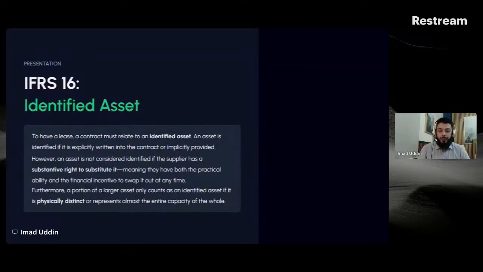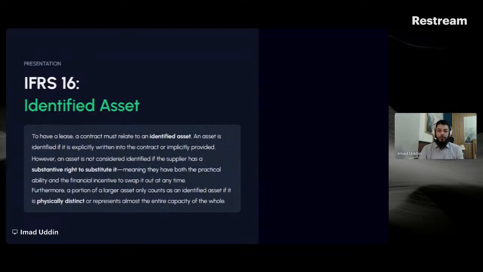Okay, just to give a preamble, to have a lease, a contract must relate to an identified asset. An asset is identified if it's explicitly written into the contract or implicitly provided, which means the identification of the asset could be down to a particular serial number, or it can be referred to by its function.